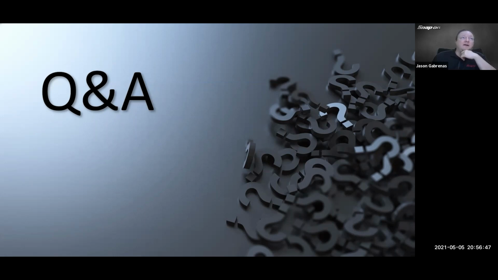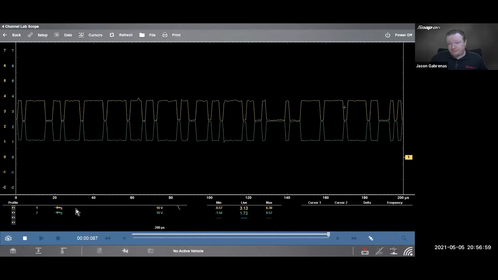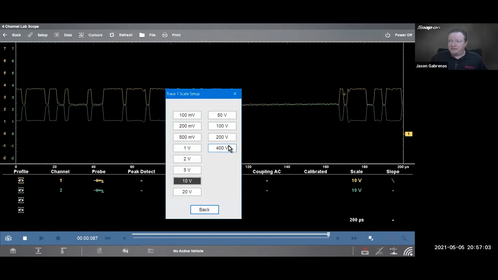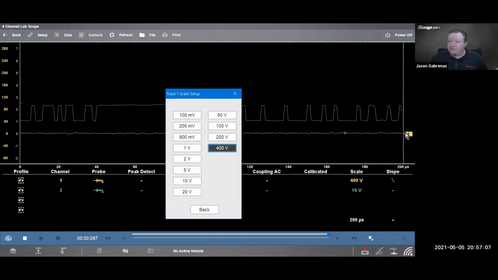So let's see. Vertical resolution on Snap-on scopes. I don't have that one off the top of my head. How high can we go? I think that might be what you're trying to say. What's the max scale? 400 volts max scale, if that's what we're looking for.